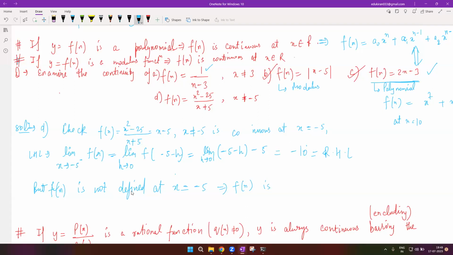So if this is not defined at x is equal to -5, then we don't have any value for f(-5), right? Two things are the same, but the third thing is not defined. That is why f(x) is discontinuous. f(x) is discontinuous at x is equal to -5.